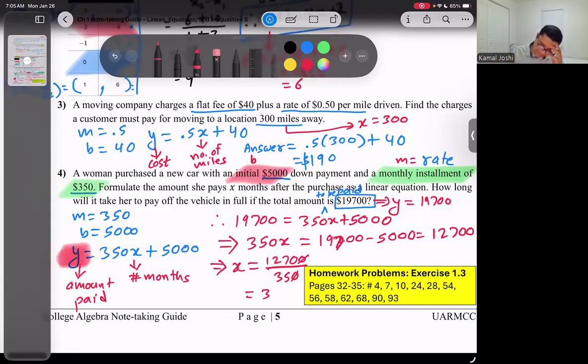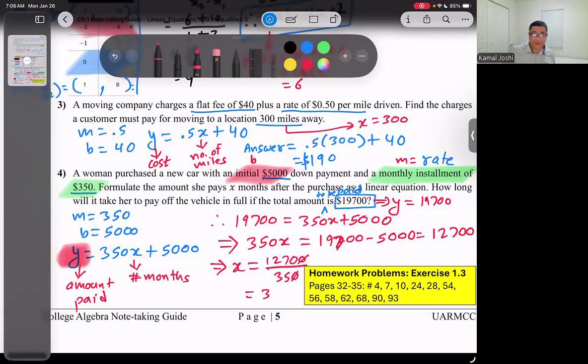Zero cancels. 105, 22. Looks like this is still a little bit in decimals, but that's fine.